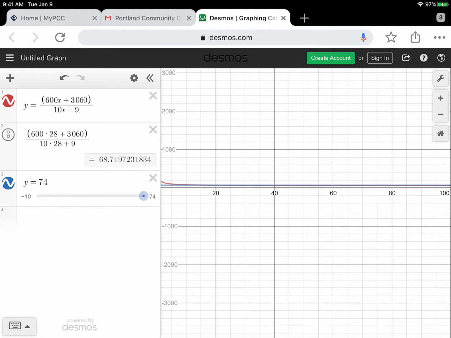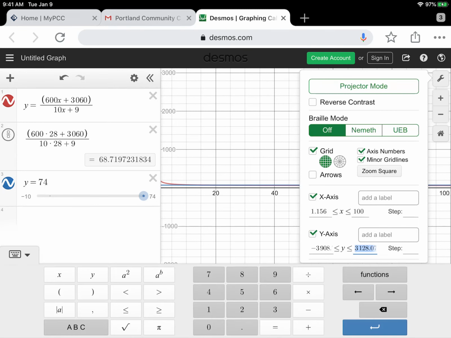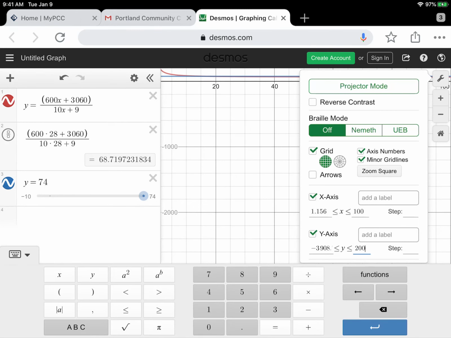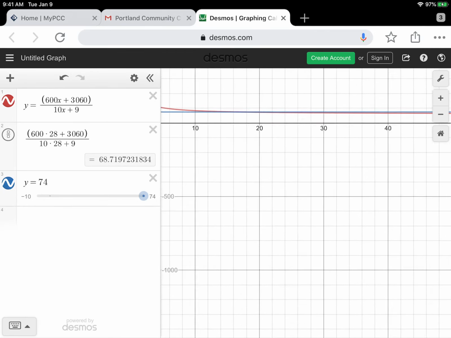Didn't really help me. So I'm going to change my y-axis to maybe be a little less. Let's try 100. Again, you really just have to play with it.